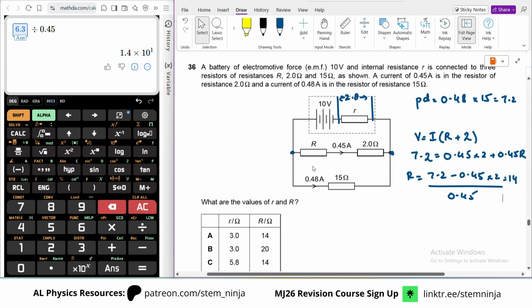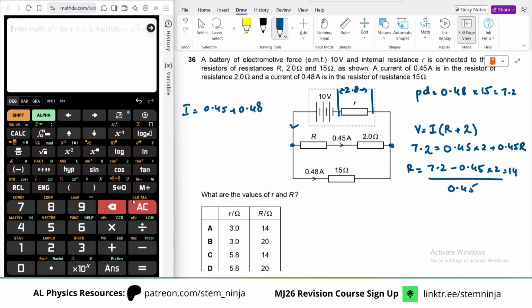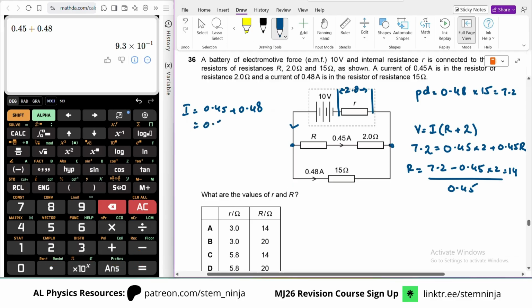And now we can add the net current, 0.45 plus 0.48, that is 0.93.